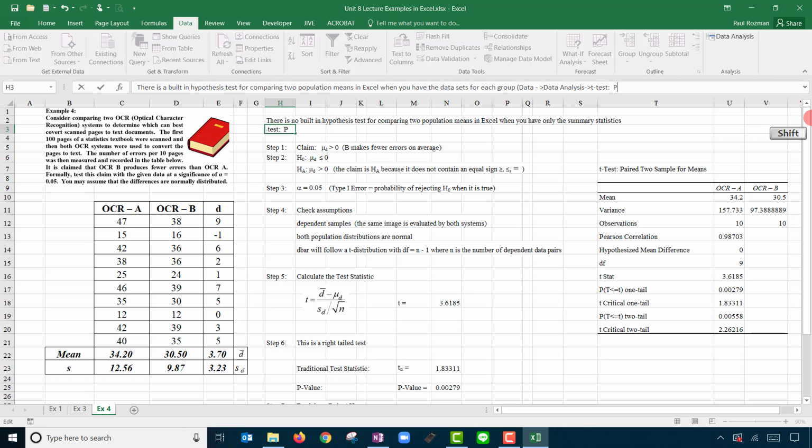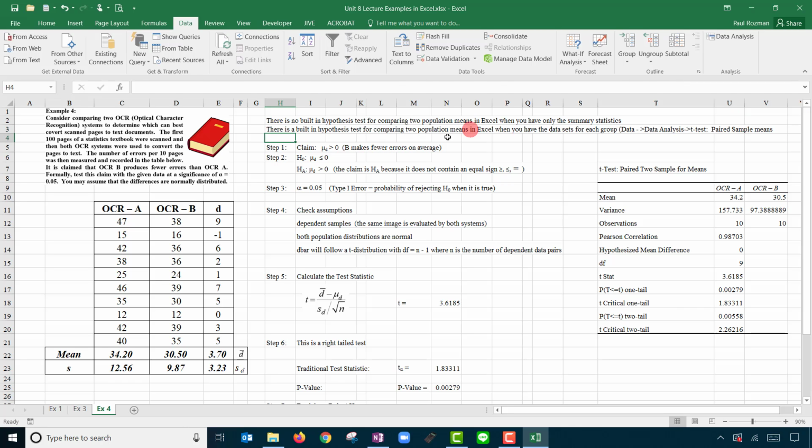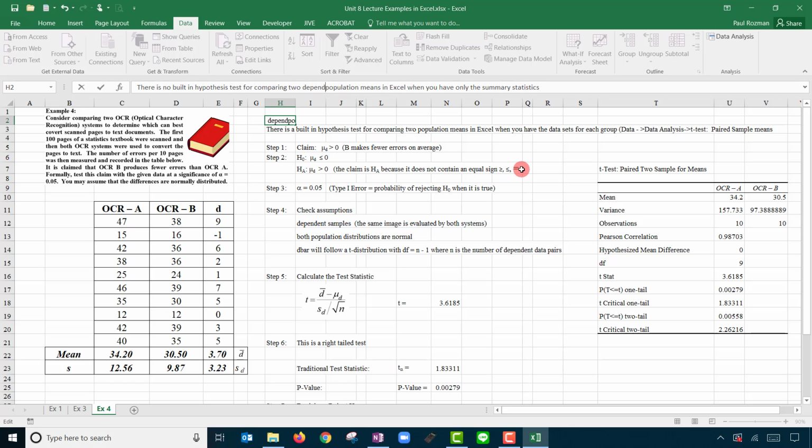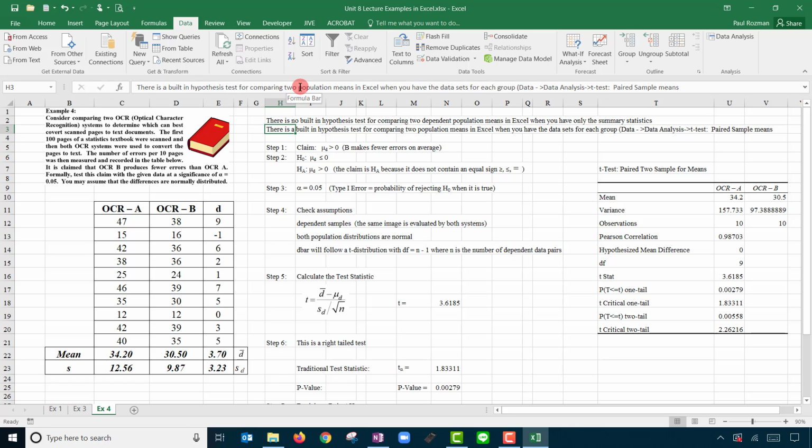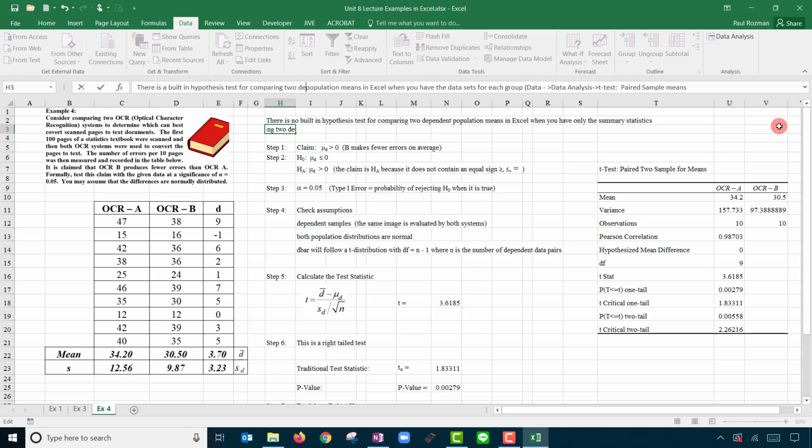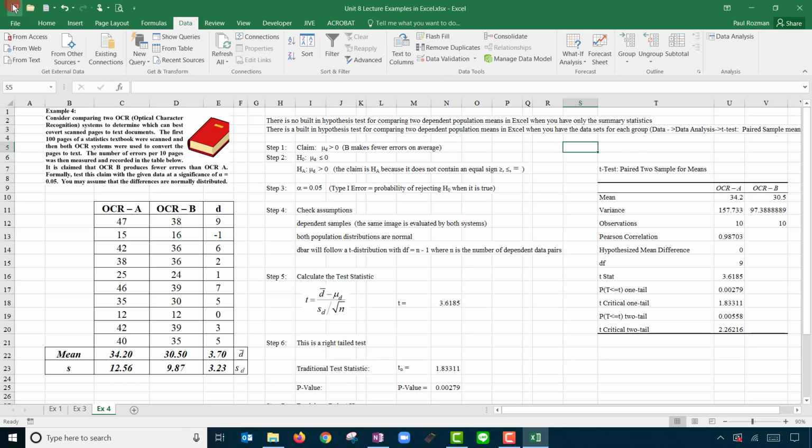T-test paired sample means. And I'm going to change this to say dependent. And same with this one. There. Now this template's all set up and we did it in our video.